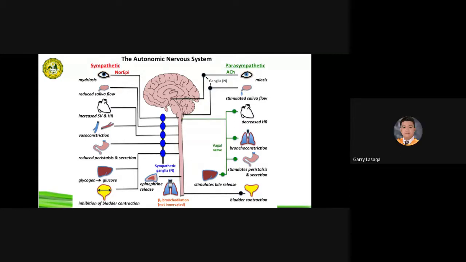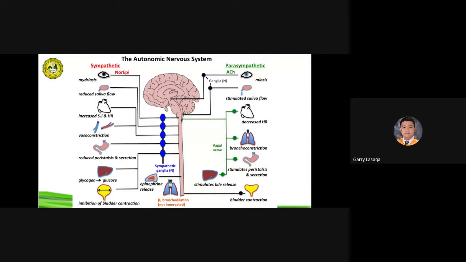So of course, during our fight or flight response, the animal would tend to dilate the pupil. So that is known as mydriasis. The same is true for the salivary gland. During this, the sympathetic nerves will also innervate the salivary gland, and there will be reduction in the salivary flow.